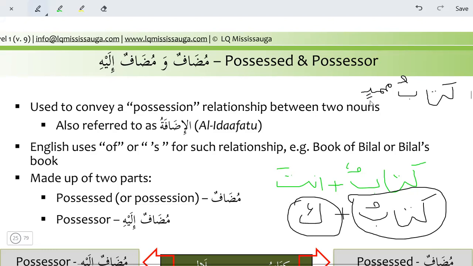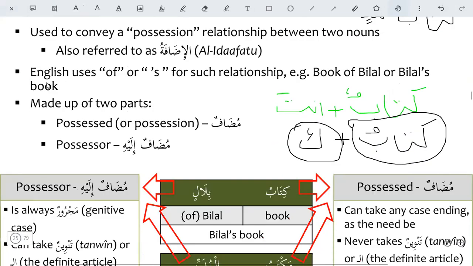And mudaf ilay is always majroor and it takes kasra. English uses of or 's, like your book. Kitabuka, your book. So we are using your.